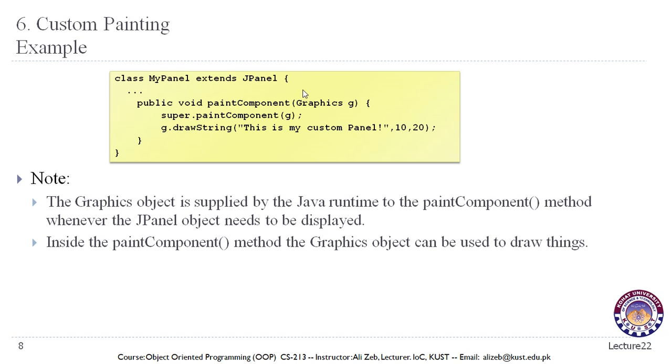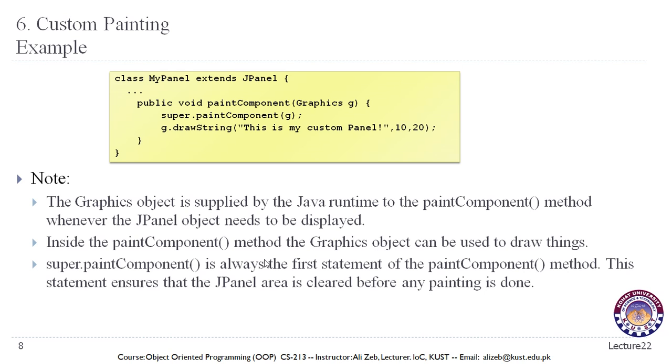So we'll be using the Graphics class's object to draw things on our panel, and we'll see this in the example as well, that we will be importing the Graphics class and using its object to display or draw things on our forms.